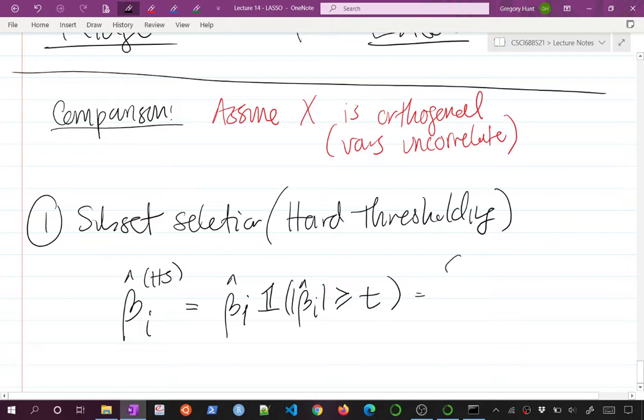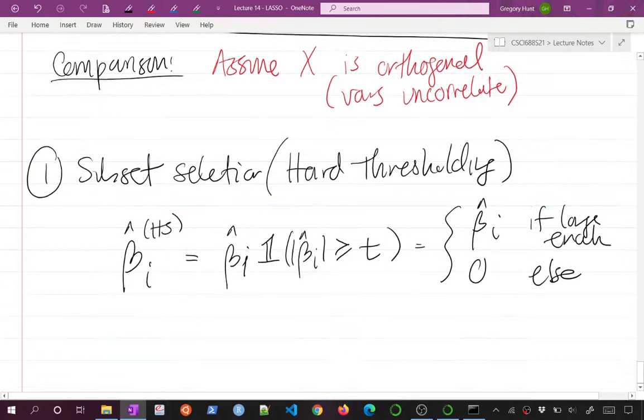So I'm going to leave it unchanged if large enough, or 0 otherwise. I'm going to select it out. So that's a hard thresholding procedure.